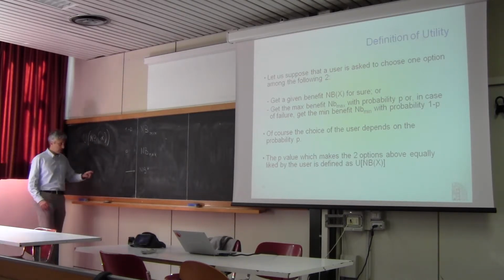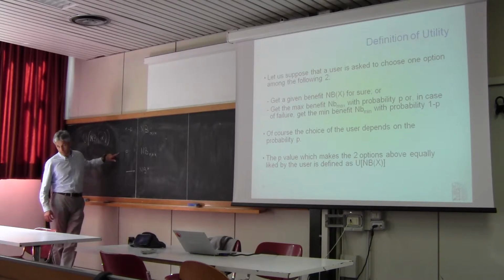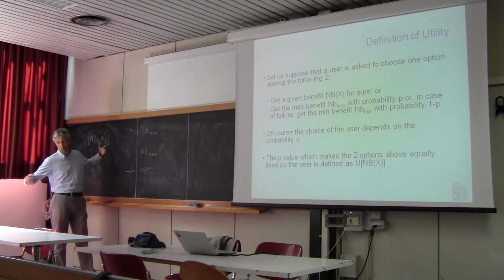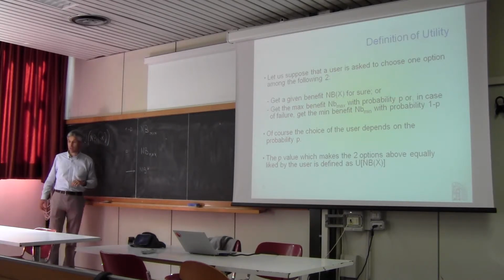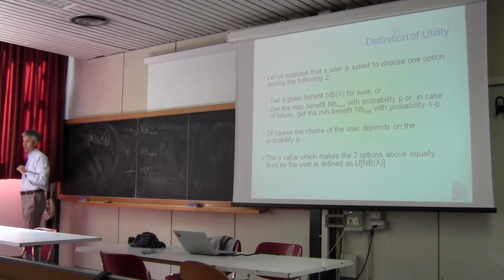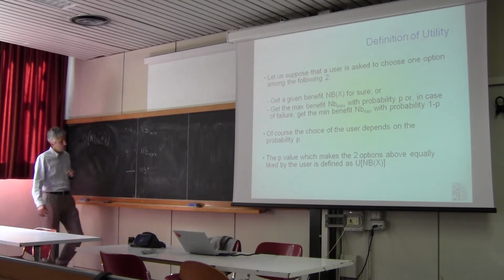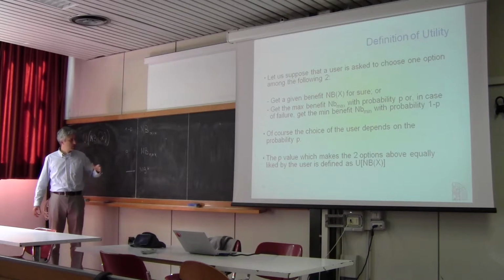Okay, so there exists, of course, a P-value which makes the user indifferent. I'm not sure this is an English word, like to say, to give equal preference to the two main alternatives. So there must exist a P-value which makes the user assigning no difference between the two options.